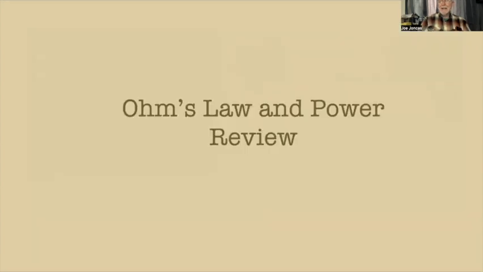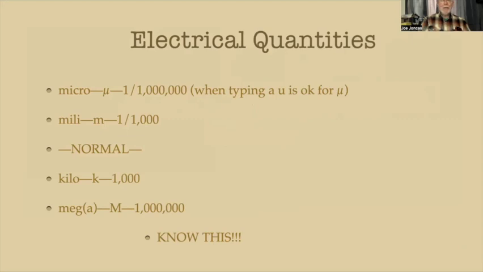All right, now let's just move on to Ohm's law and power review. This is something you must memorize. If you do not know what these are already, you need to memorize them. Micro, I finally found the micro symbol on my computer. Okay, there is micro.